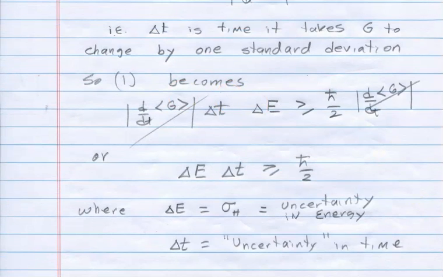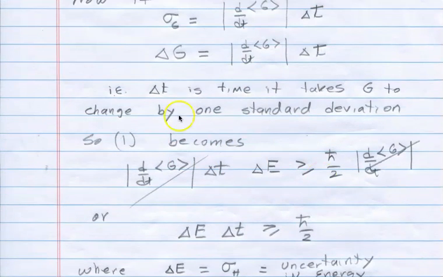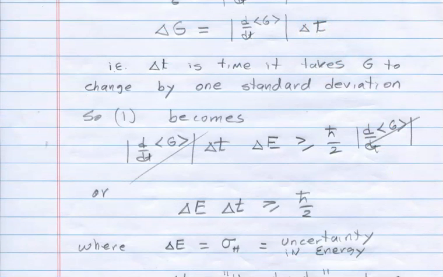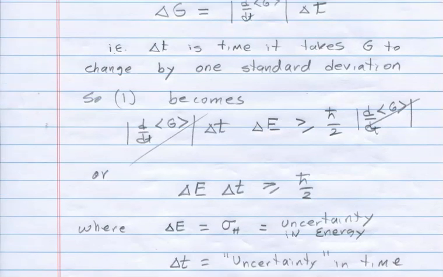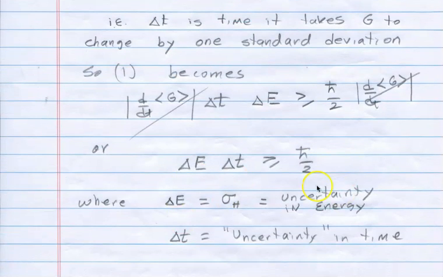Here I've actually done this. Delta t is the time it takes G to change by 1 standard deviation. So if G changes by 1 standard deviation, delta t is the time it takes to do so. Then one gets this energy and time uncertainty relationship.